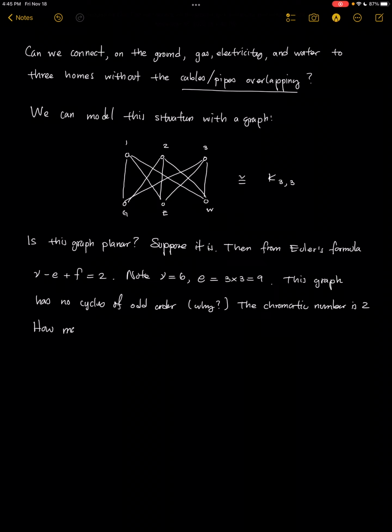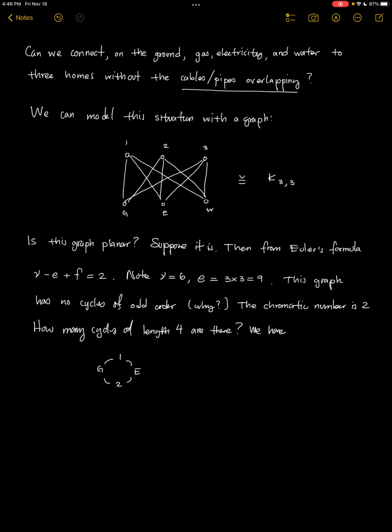How many cycles of length 4 are there? Well, we don't know, but for example, we have this. The cycle 1, E, 2, G. But then this one indicates the following.